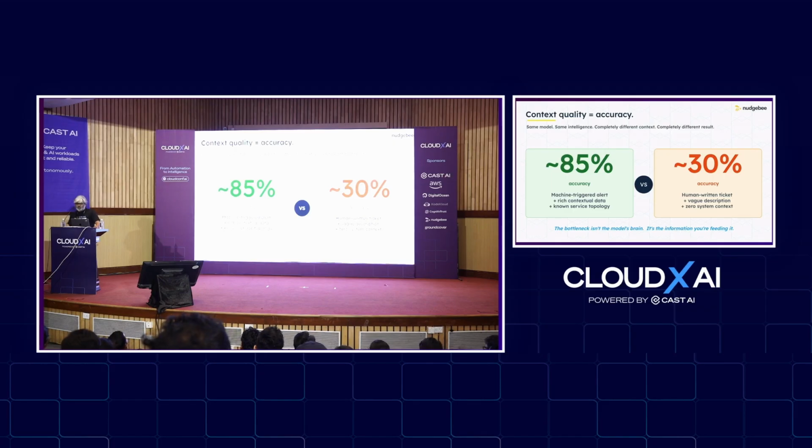Now, another issue which we have observed when people use LLMs for troubleshooting is providing the correct kind of alert information, right? What I've observed is that when an alert is generated by machines, for example from your Grafana query or from your Prometheus, it normally contains a lot of context information.